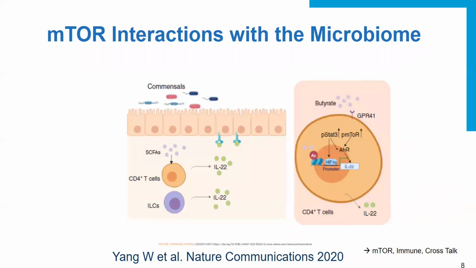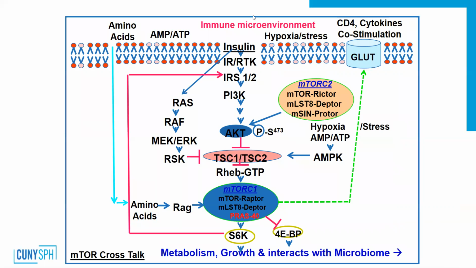So what I'm going to present is an overview of mTOR. As I mentioned, it interacts with several pathways, and it has crosstalk with several pathways. It's located downstream of the insulin receptor pathway, and therefore mTORC1 is regulated under insulin receptor, PI3 kinase, AKT, which inhibits the TSC1 and 2.